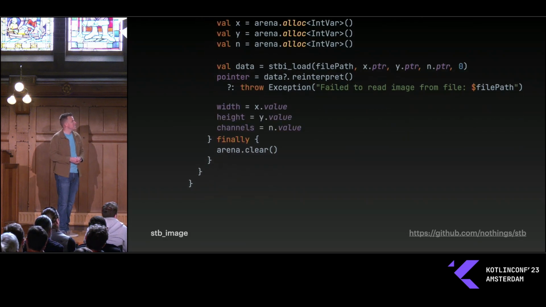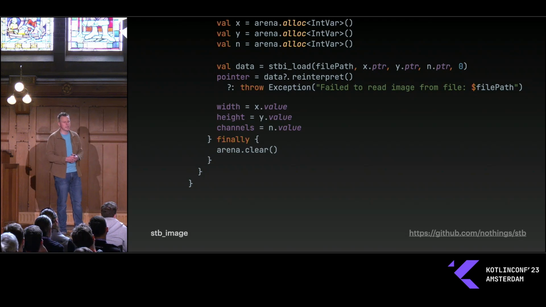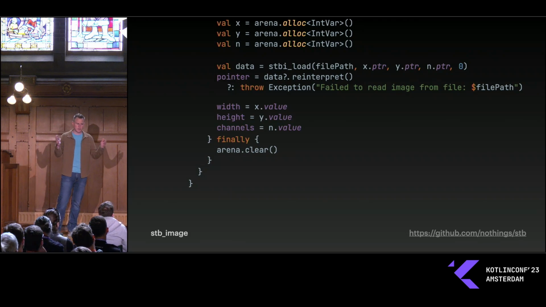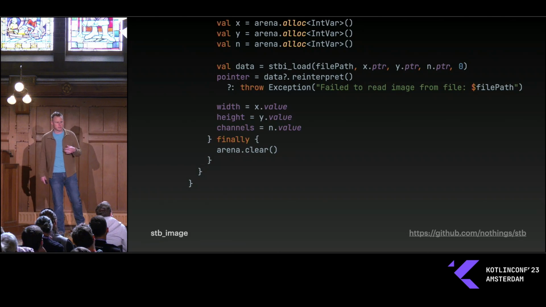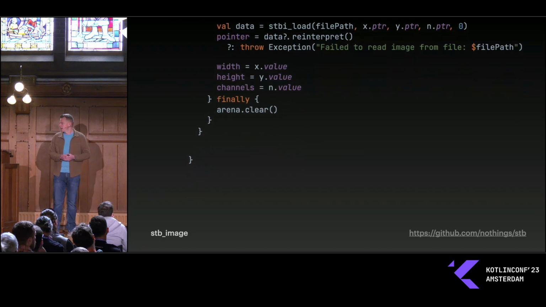Once that function's returned, it has filled that memory, and now we can get the values out of it. And that's the end of that loading. We'll hit the finally, the arena will be cleared, that space in memory will be returned to the system to do what it wants with it, and that's it.